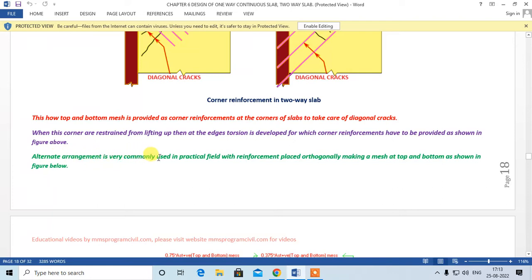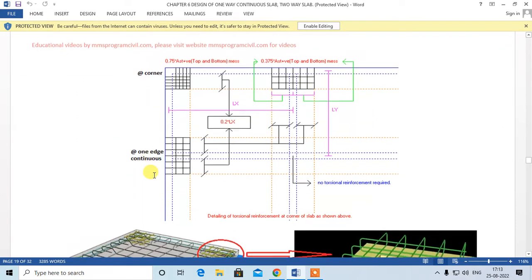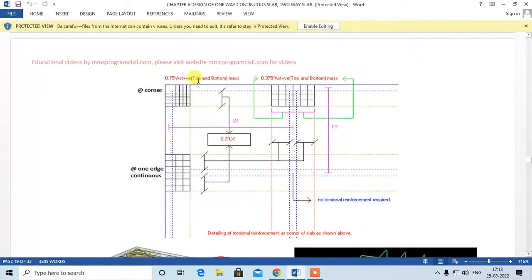An alternate arrangement, very commonly used in the practical field, has reinforcement placed orthogonally, making a mesh at top and bottom as shown in the figure below. This is known as torsion reinforcement, which we provide at the corner.